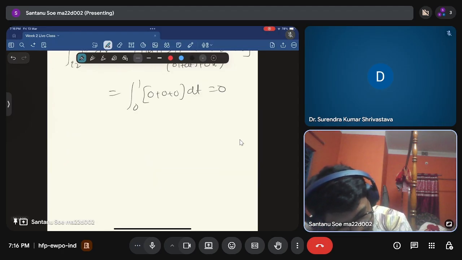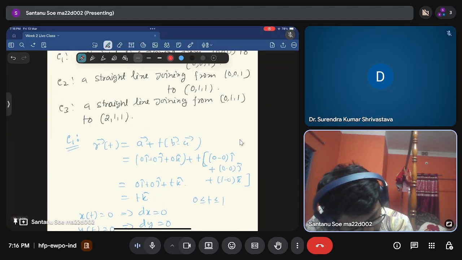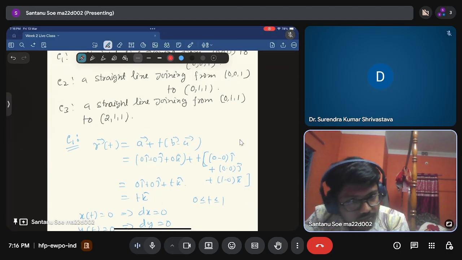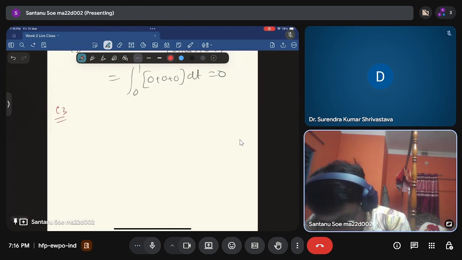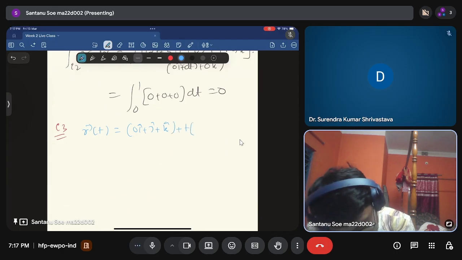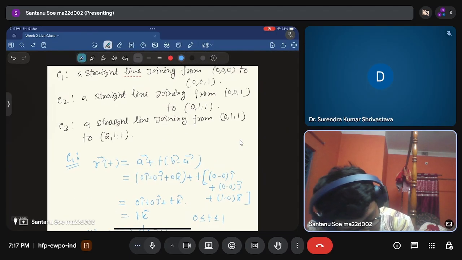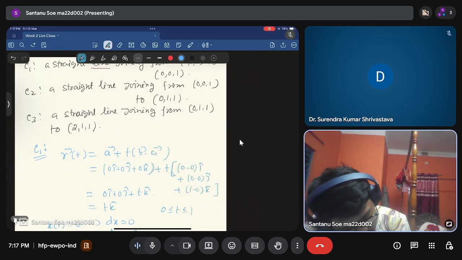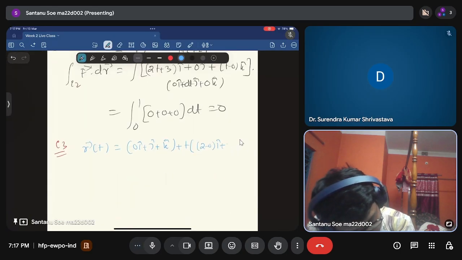And along the path C3, the path will be from 0 1 1 to 2 1 1. So r of t will be 0i plus 1j plus k, plus t times (2 minus 0)i plus (1 minus 1)j plus (1 minus 1)k.